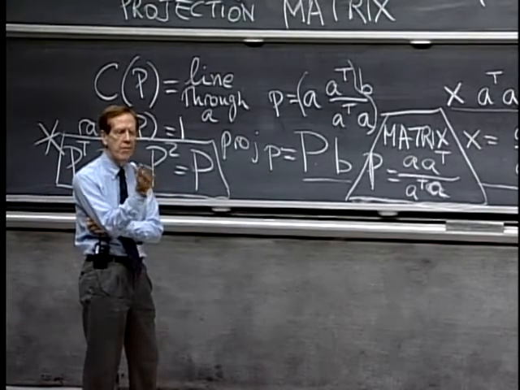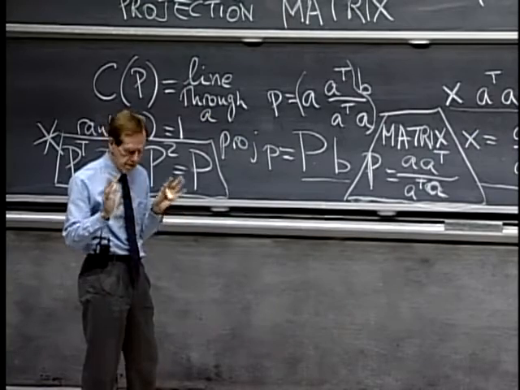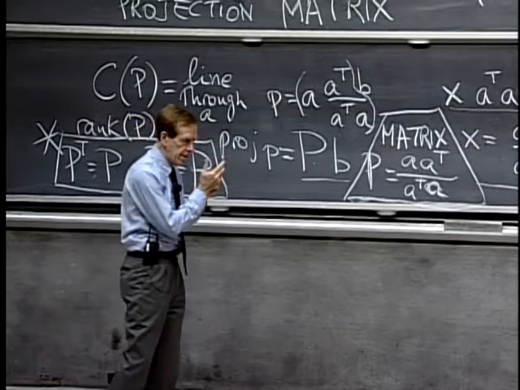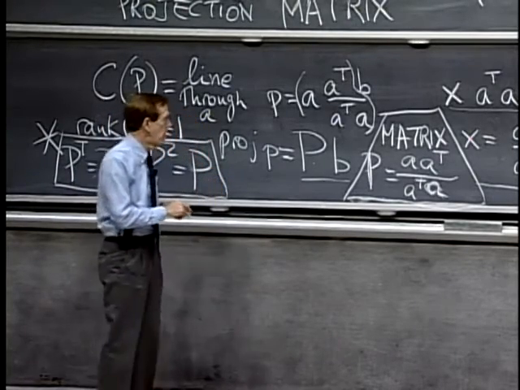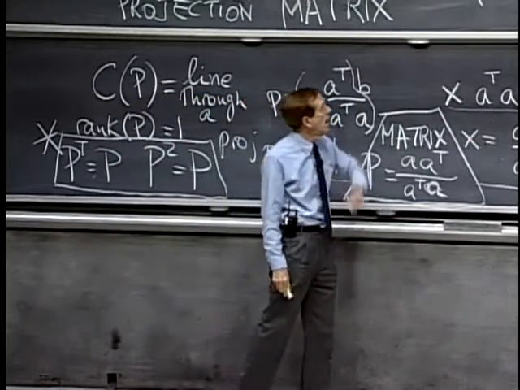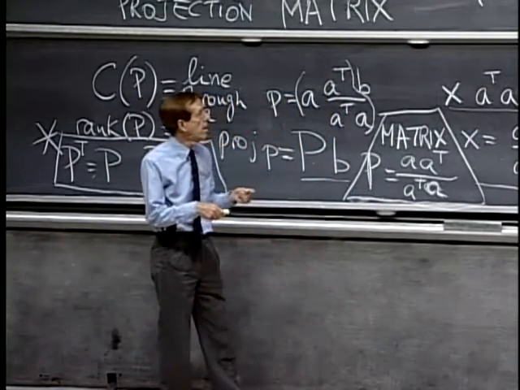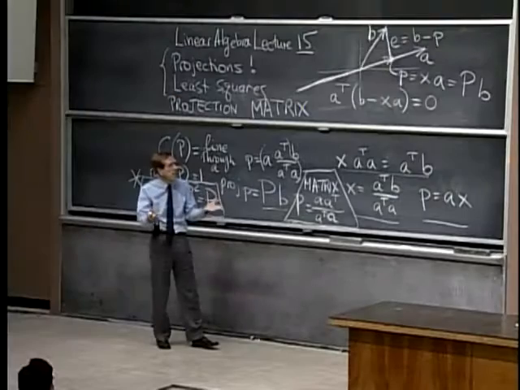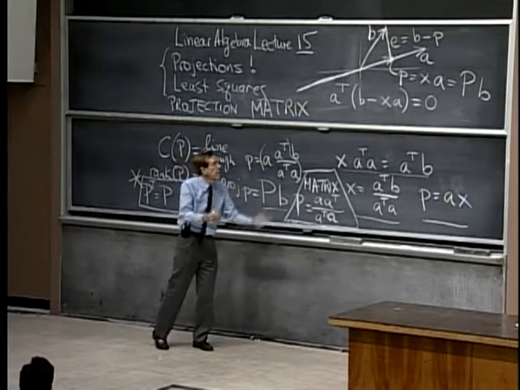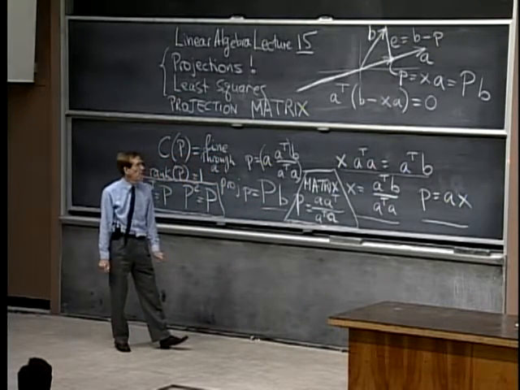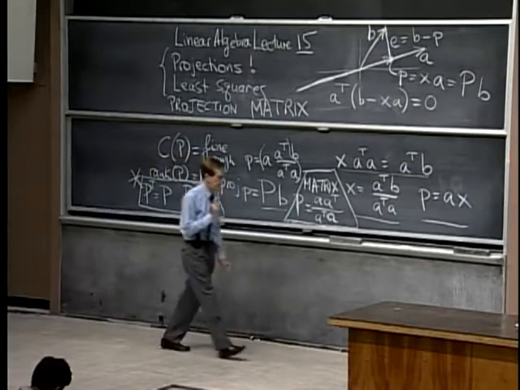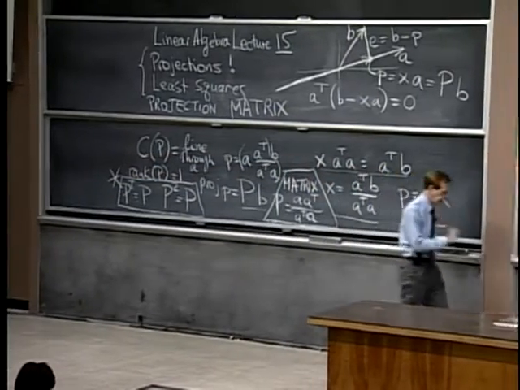Now I want to move to more dimensions. So we're going to have three formulas again, but they'll be a little different because we won't have a single line, but a plane or a three-dimensional or n-dimensional subspace. Okay, so now I'll move to the next question.